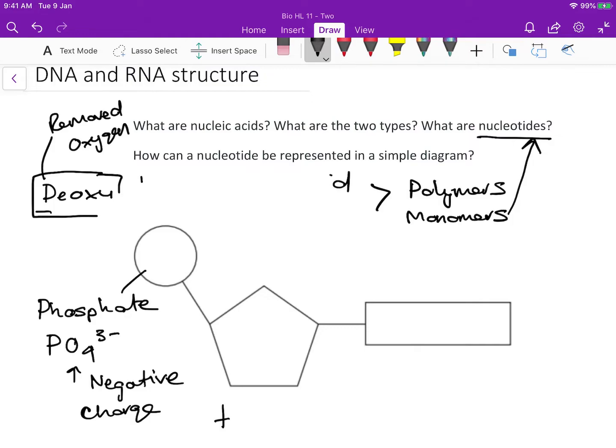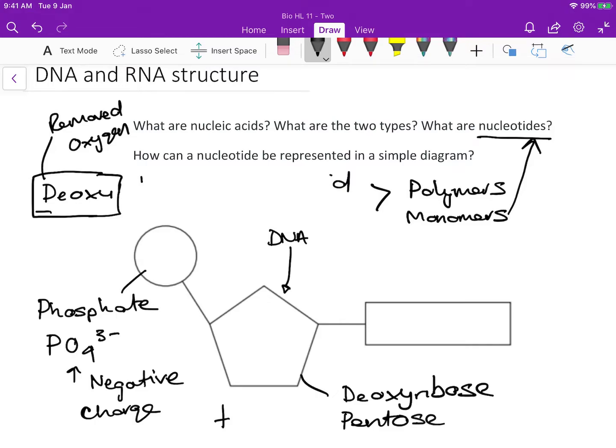Around here we have, depending on whether it's DNA or RNA, and we're going to look at DNA structure today, this would be then deoxyribose. Deoxyribose, because it's got 5 in the ring, is a pentose sugar.